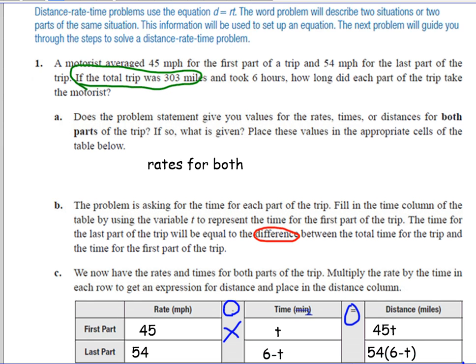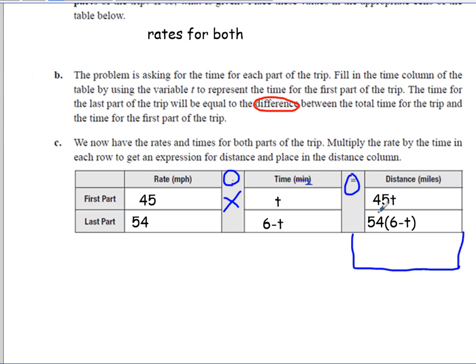And so what that's telling me is it's the sum of the first part of the trip plus the second part of the trip. And so you can see here is your equation that you need to solve. And we're going to do that next.